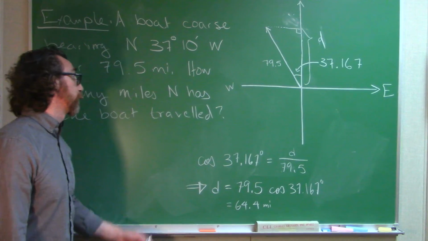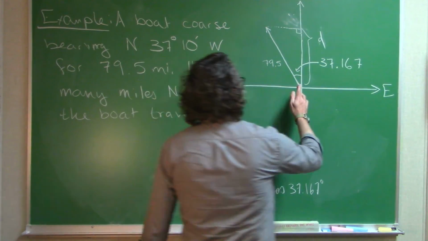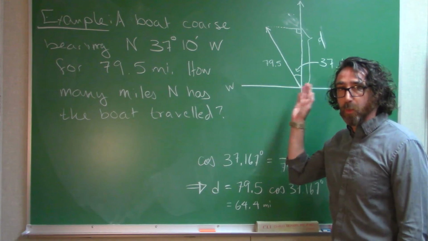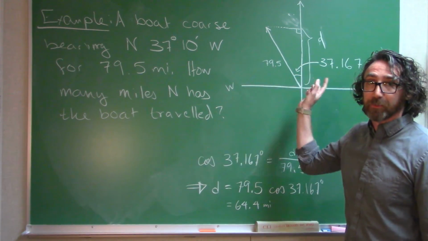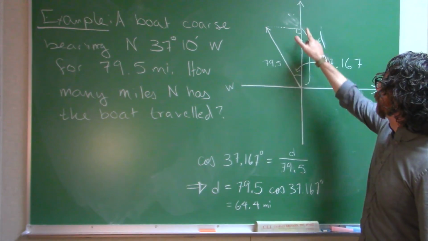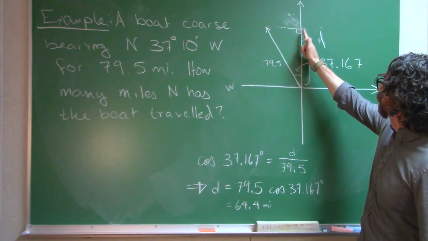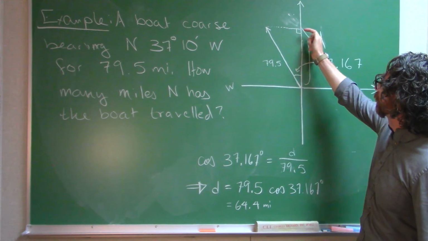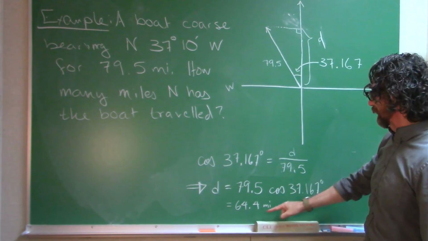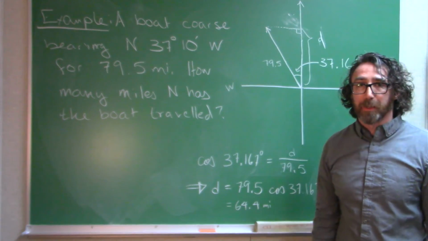Okay, so how far north has the boat gone? Well, 63.4 miles north. It's gone some distance west too, because it's got a northwest bearing. But the components here are, that's the amount north you'd have to go, that's the amount west you'd have to go. So getting to this position involves traveling 63.4 miles straight north.